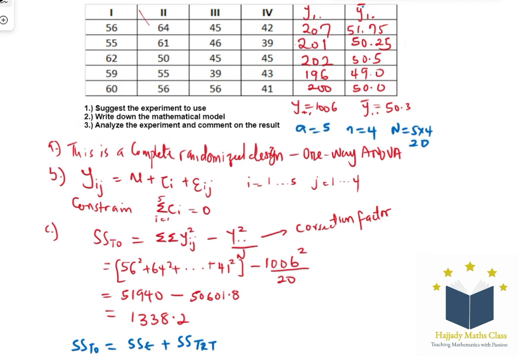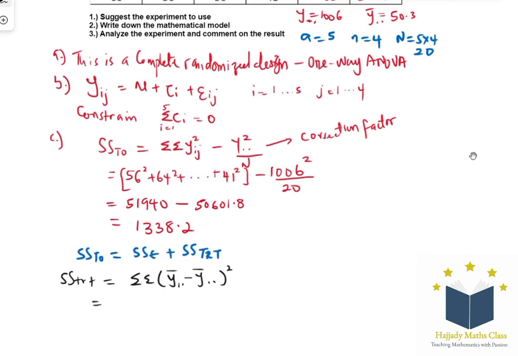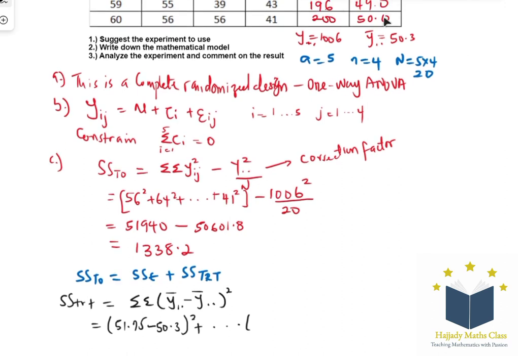Looking at my y_i dot here, the first one is 51.75. Here I'm having 51.75 minus y dot dot bar squared, which is the grand mean, 50.3, all squared, plus up to the last mean. My last mean here is 50.0.